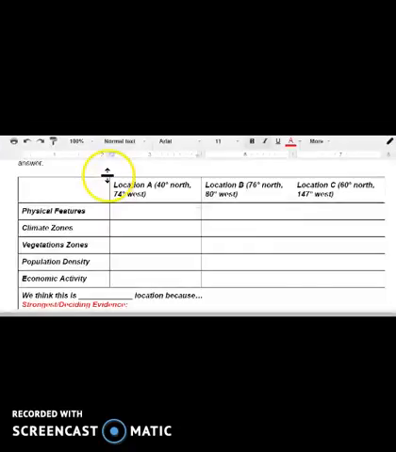For example, I'm going to have to first look at the physical features map and look for location A, which is 40 degrees north and 74 degrees west, and then list the different physical features that I see there. So I would go to 40 north on my physical features map and then find 70 west, which I believe is right here.